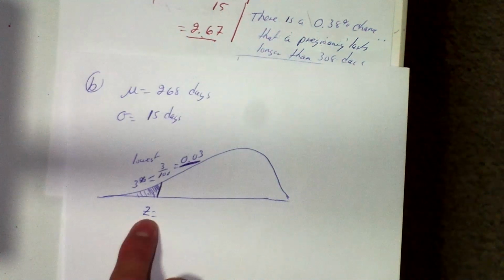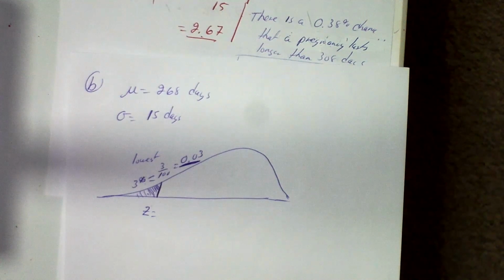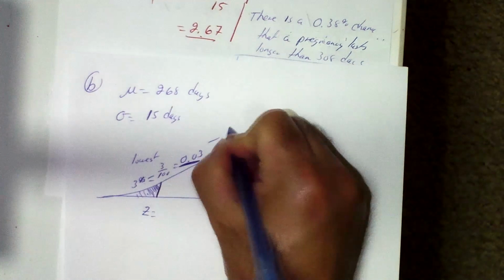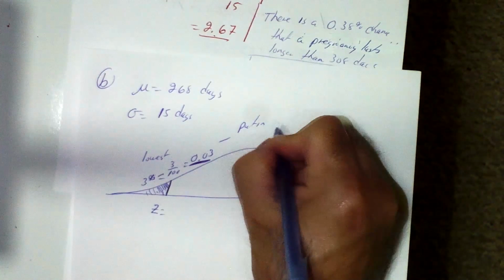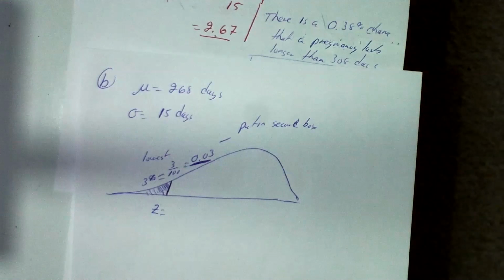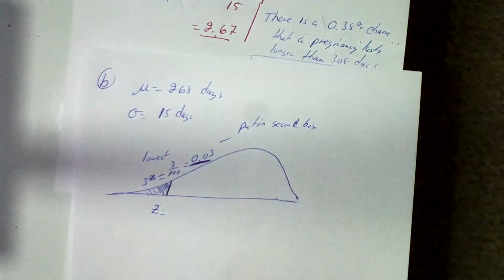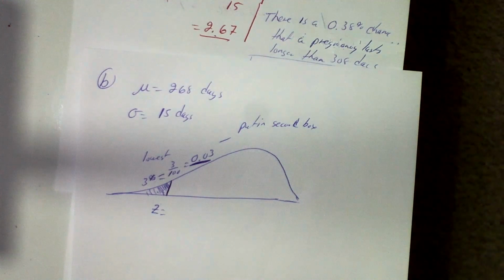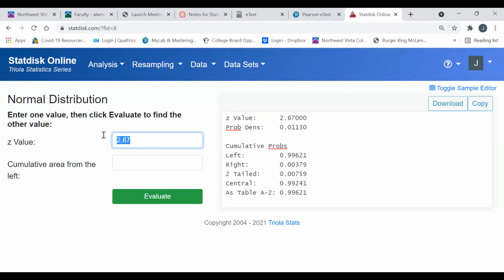So you're going to put it in the second box. Put in 0.03. Okay, I'm going to get my z.